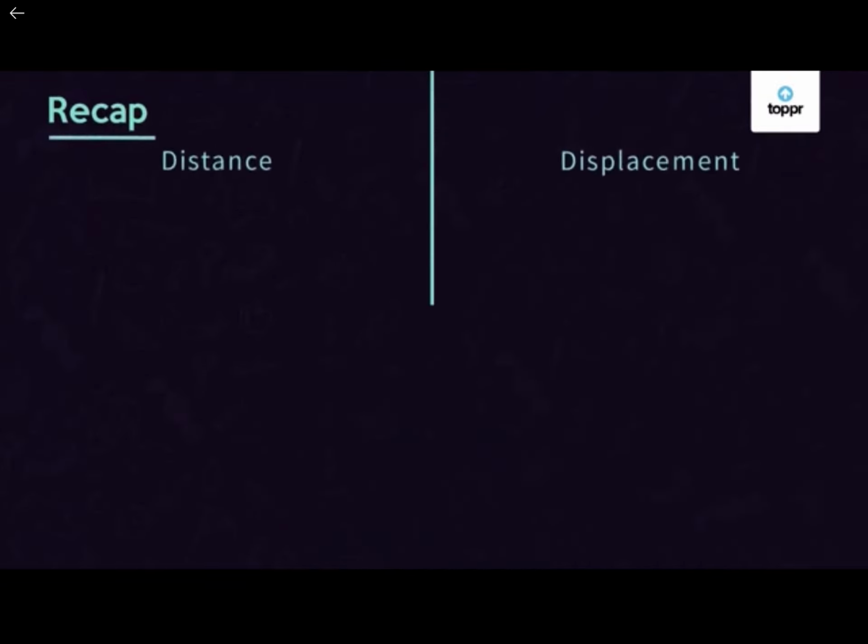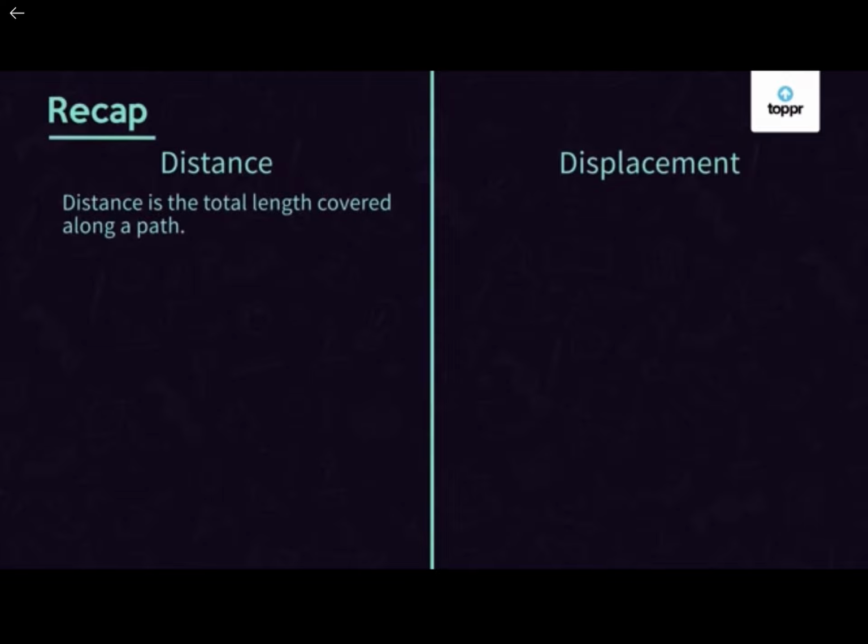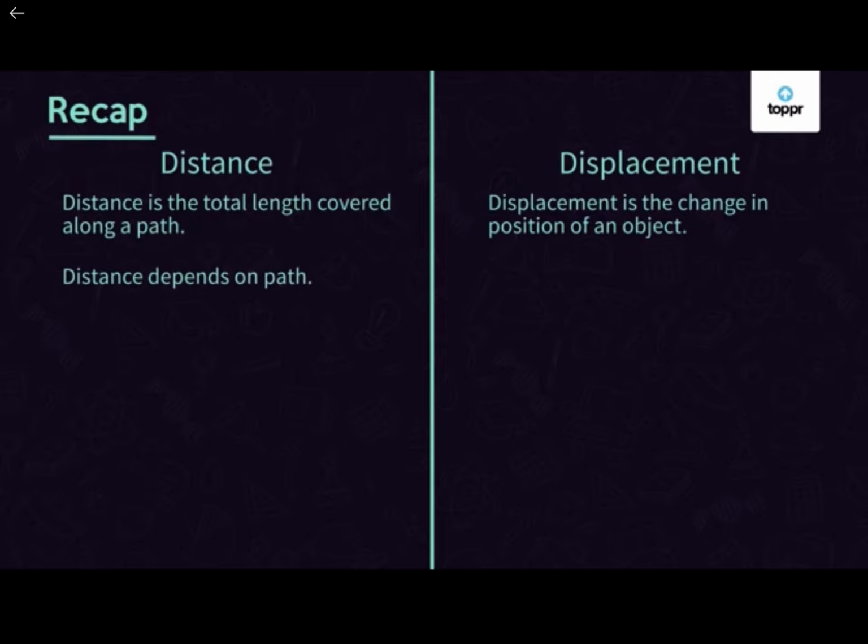Now let's have a quick recap. We learned that distance is the total length covered along a path, while displacement is the change in position of an object. We saw that distance depends on the path, while displacement is independent of the path and depends only on the initial and final position.